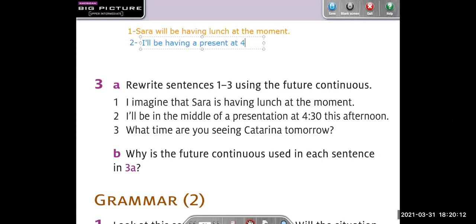What about the next one? What time will you be seeing Catarina tomorrow? Okay, voy a cambiar el verbo acá. Given, okay. Presentation. Okay, number 3 you said? What time will you be seeing Catarina tomorrow?